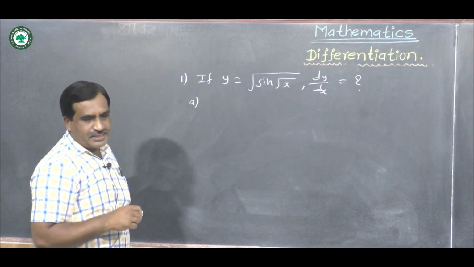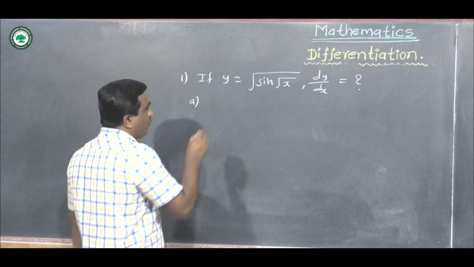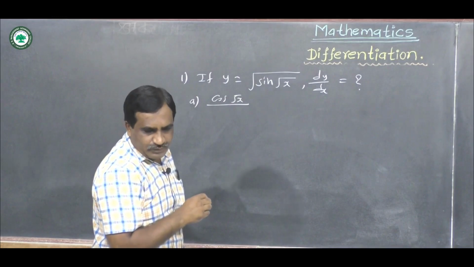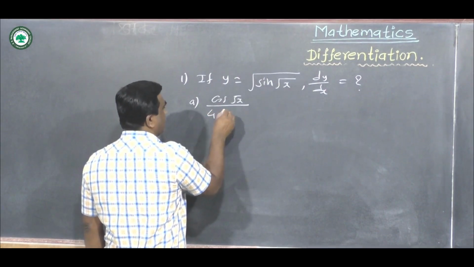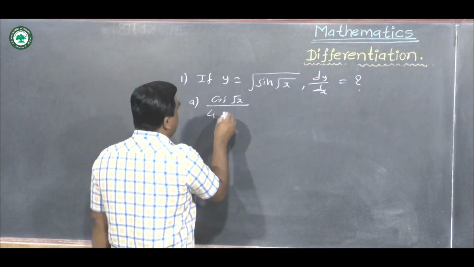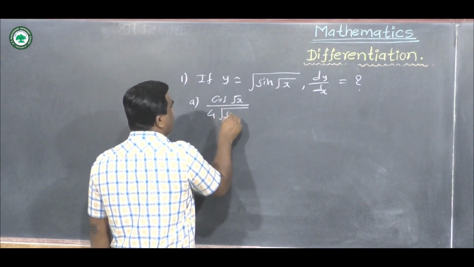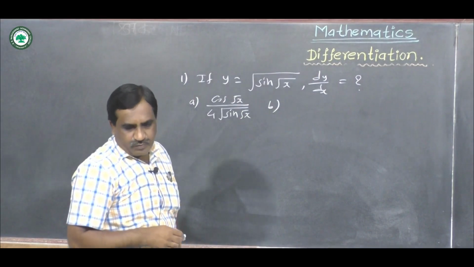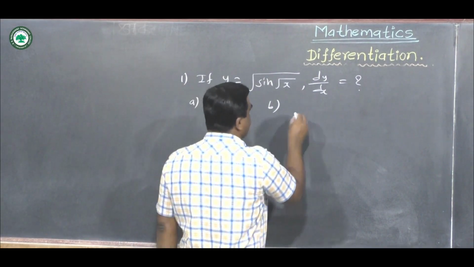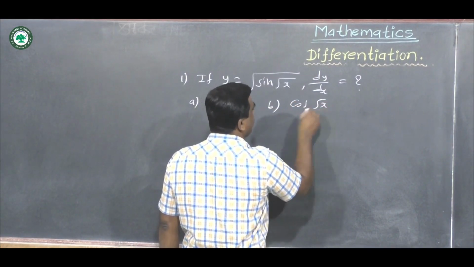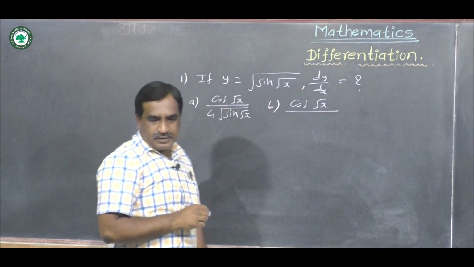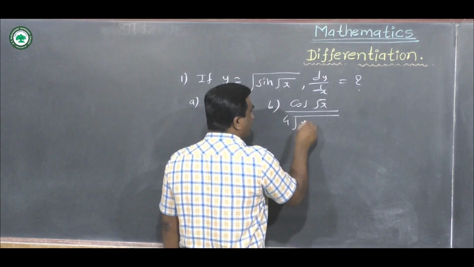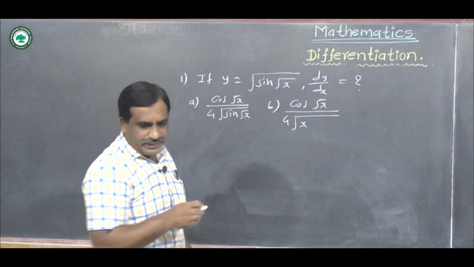Now the first option is cos of root x upon 4 into under root sine of root x. Option second, cos of root x upon 4 into under root x into sine of root x.